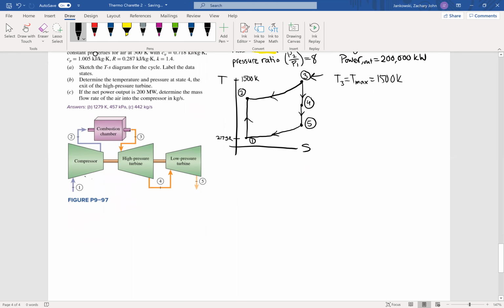And before we start, we know our P1 value is equal to 100 kPa. We know that our ratio of P2 to P1 is equal to 8. So quickly, just to figure out our P2 value, we're going to rearrange it. So that P2 equals 8 times P1, which is 100, to get P2 equals 800 kilopascals.